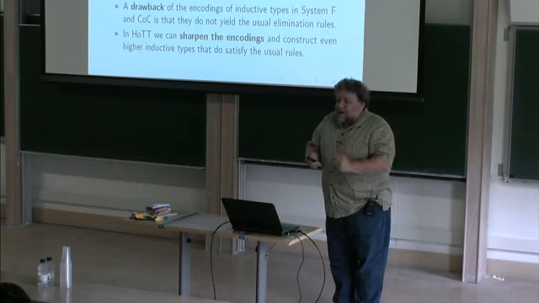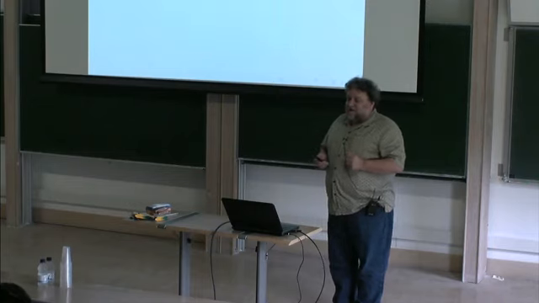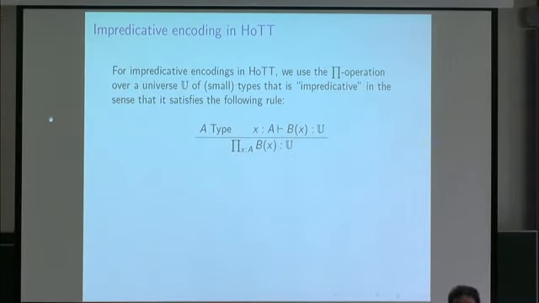So let's look now at the old encodings of inductive types, for example, in System F. How am I going to do this impredicative encoding? Well, I'm going to take a universe of types in Martin-Löf type theory, this U here, and I'll say a universe is impredicative if it satisfies this formation rule.